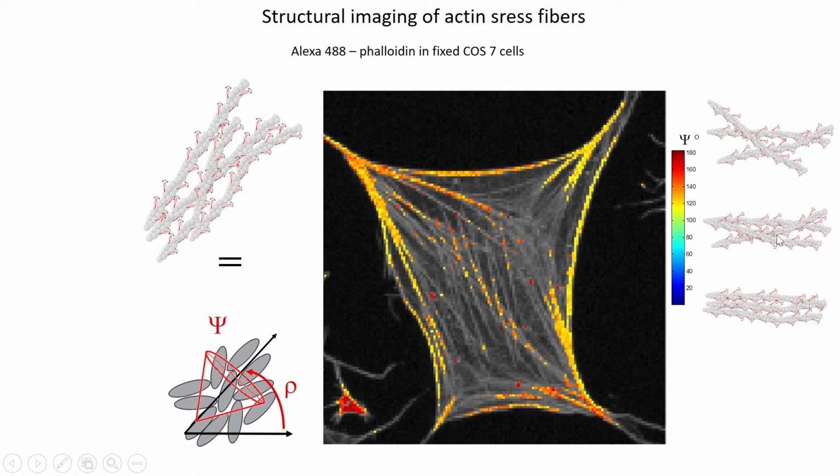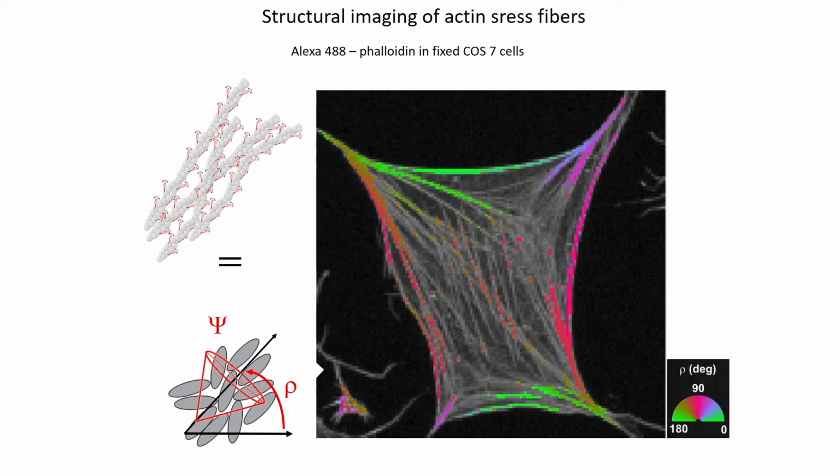And again, remember that here I have both contributions contained in these ensemble measurements, the orientation of these actin filaments, but also the way that molecules are able to wobble. So here, for instance, typically this yellowish color you see in these actin stress fibers is quite a high angle, and we will see later that there is a high contribution of the fluorescence molecular wobbling here in these values. On top of the molecular order, we measure orientation, as I told you.